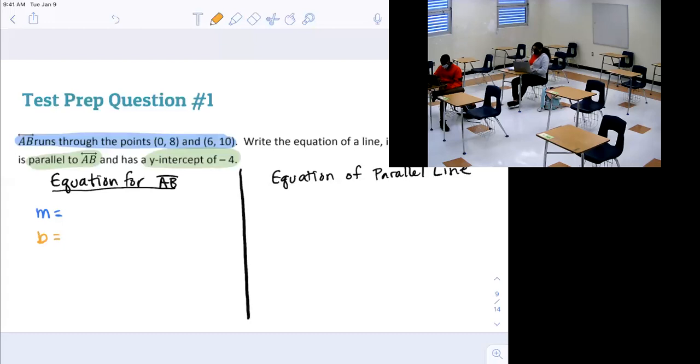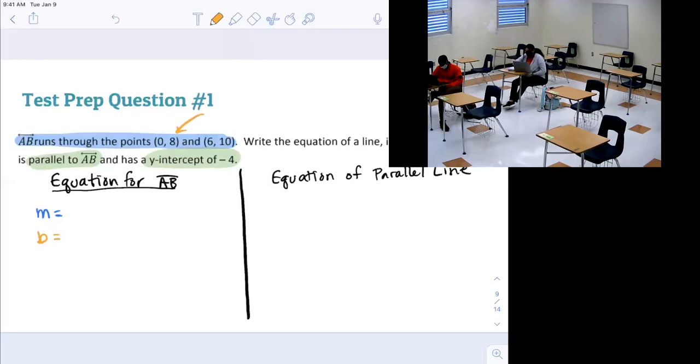So my old line, my original AB, do I know the slope of it? No, I don't know the slope. Do I know the y-intercept of it? Yes. What is it, Daniel? 8.